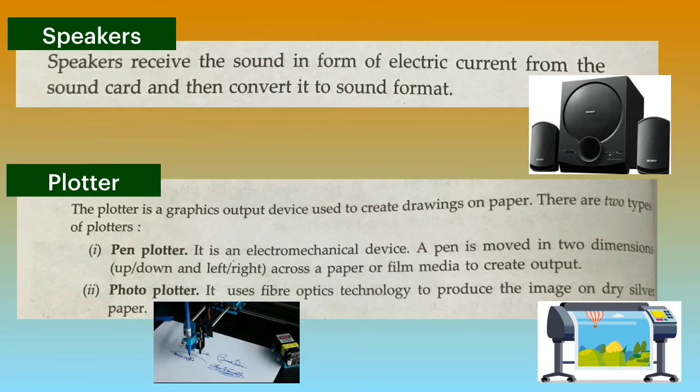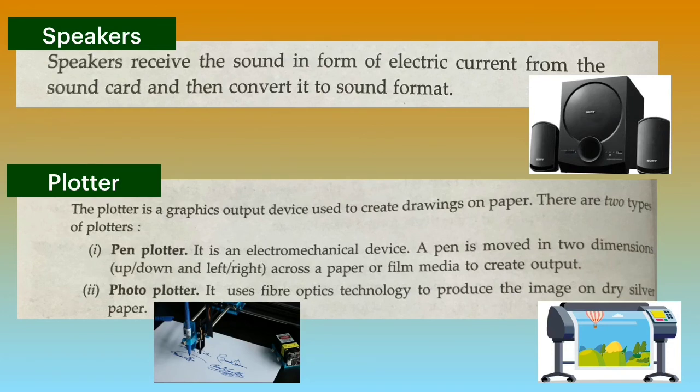The photo plotter is a big printer which prints hoardings or maps in bigger sizes. You can see the bigger size hoardings around us, let's say a banner on the street. Those big size banners are actually printed through a plotter.